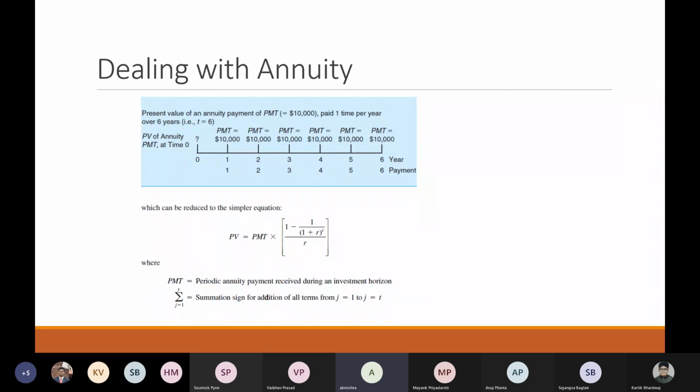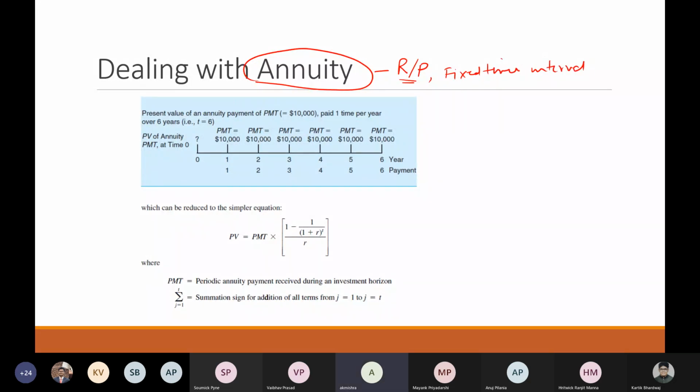Now here is one example. This is an example of annuity. So what is annuity? Annuity is basically an amount received or paid. It is a kind of cash flow you can think of at fixed time intervals.